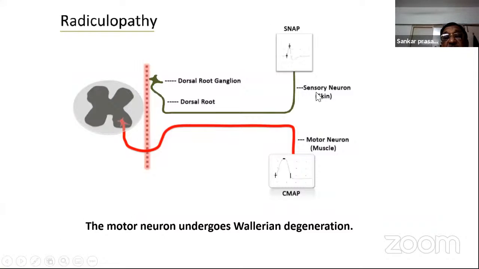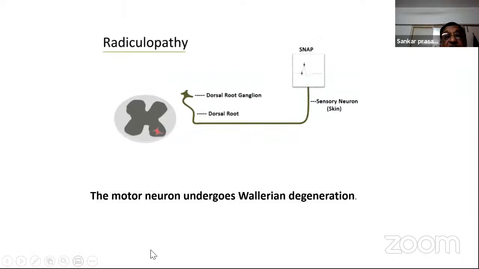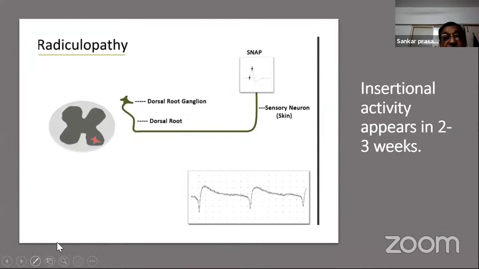The SNAPs are always normal in radiculopathies. As I said, with Wallerian degeneration the CMAP may be abnormal. Insertional activity appears 2 to 3 weeks later, so in the first 2 weeks you will not have any abnormality. You should remember that fibrillation potentials and positive sharp waves appear after 3 weeks of the acute insult.